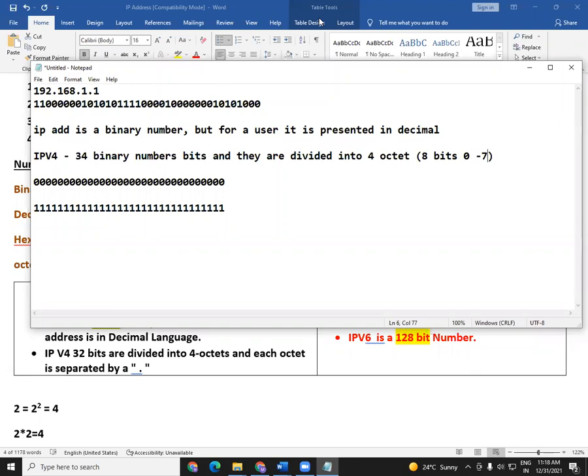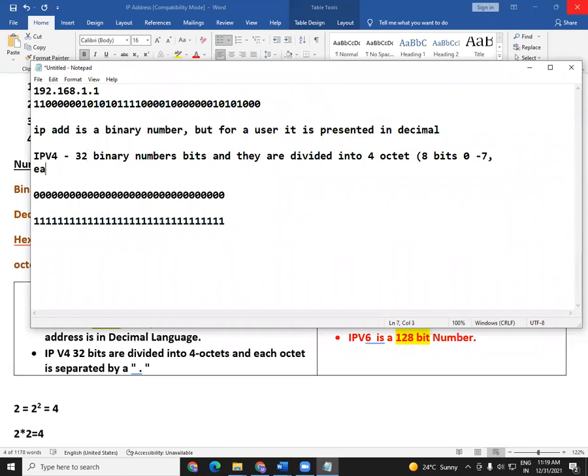So IP version 4 is a 32-bit binary number. I said 34 here, but this is 32, friends. These 32 bits are divided into how many octets? 4 octets. Now, the next thing is the division.